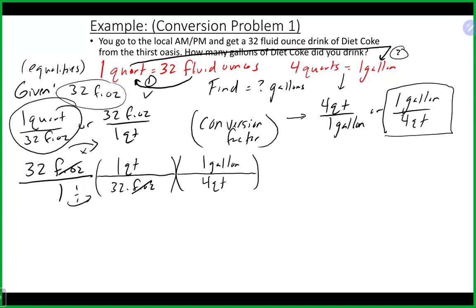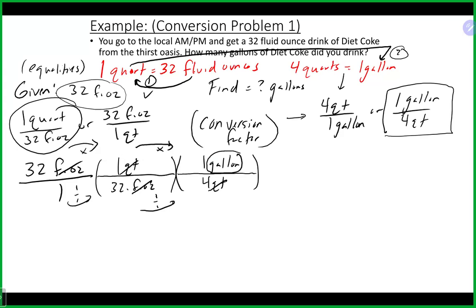Even though we're building out here, the math is still the same. We're still multiplying the top and dividing the bottom. It doesn't matter how many of those you put together, it's always just going to multiply the top and divide the bottom. So the math is sort of taken care of for you. By dividing that bottom, that is going to get rid of our quarts. We know we did this correctly because we now have the unit we're looking for up on top by itself, and that is definitely where we want it to be.